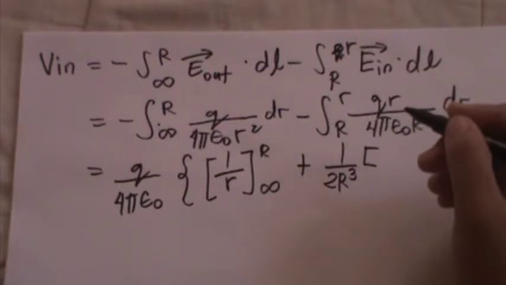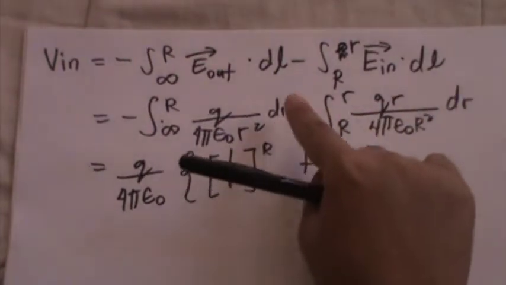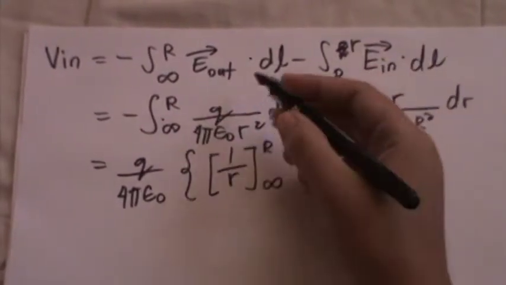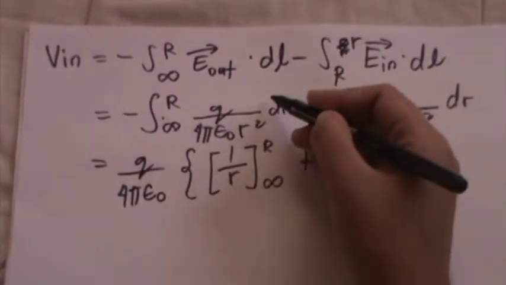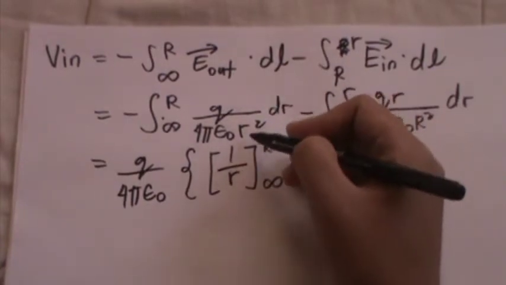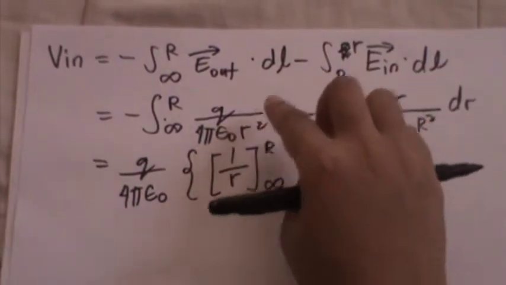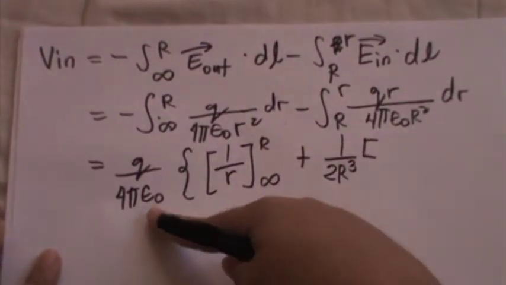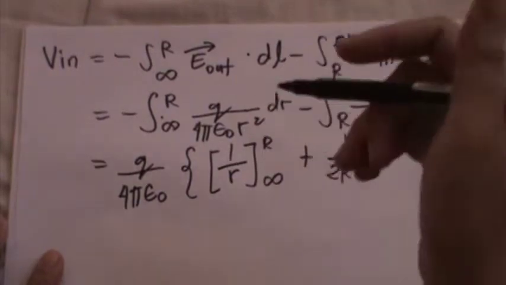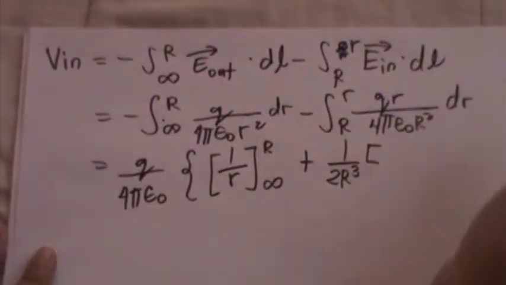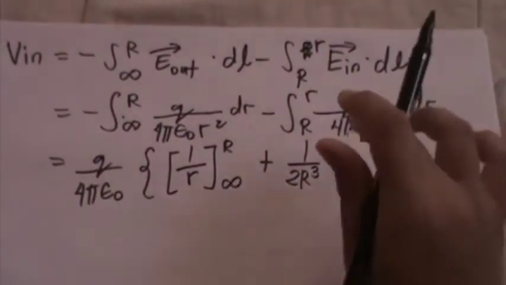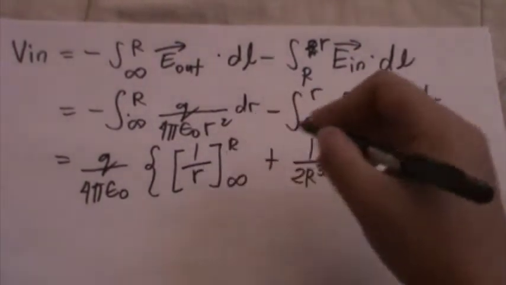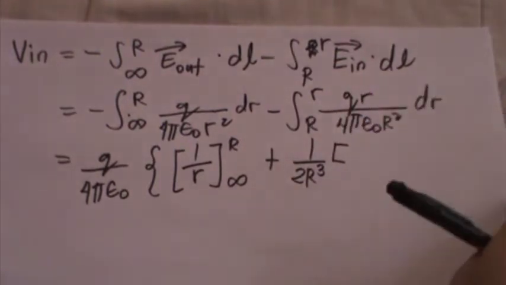And what else? When you try to take the derivative of R here, we'll have R there, and you will cancel R on the top. We're left with a single R, and if you factor this out, you will be left with 1 over R. Your Q over 4 pi epsilon naught will be put outside, since the cube over 4 pi epsilon naught here is also the same as in the electric field inside.